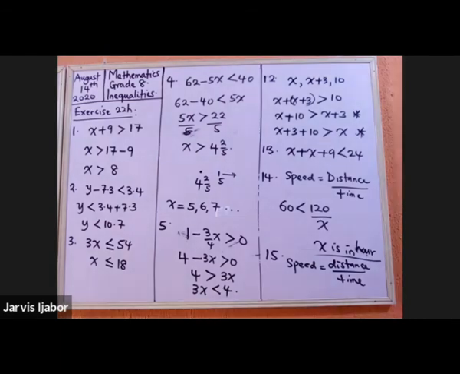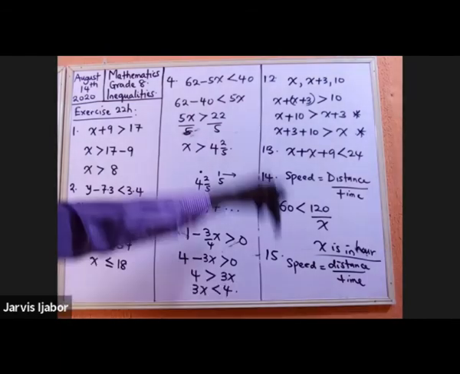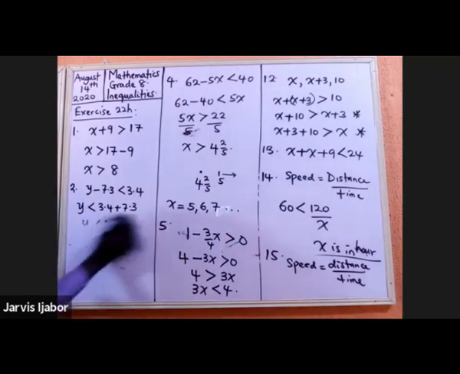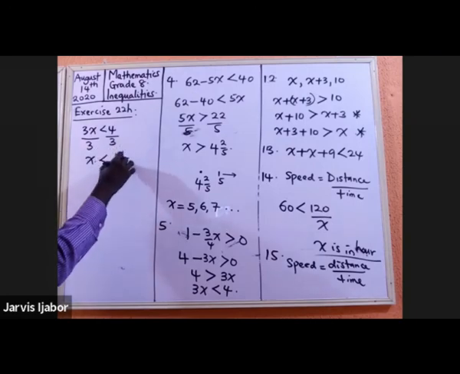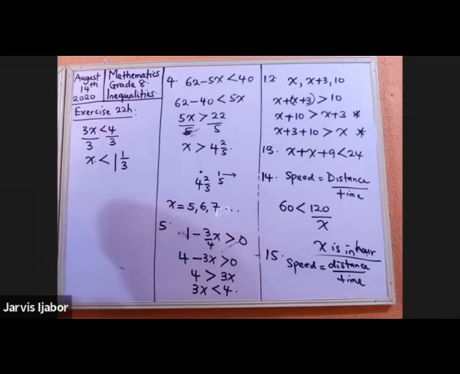I won't clean this part of the board because I still need some things there. So I'll come here. And that will give me 3x less than 4. I'll divide both sides by 3. I'm going to get x less than one whole number 1/3. Now remember they said that x is a what? Whole number.